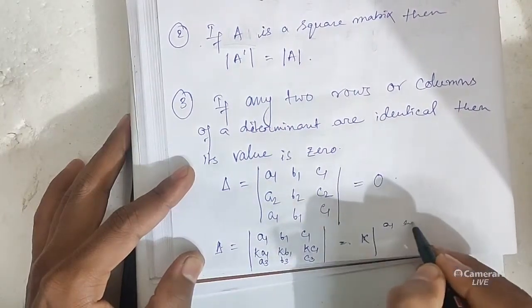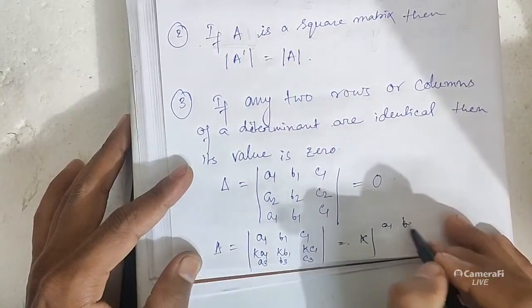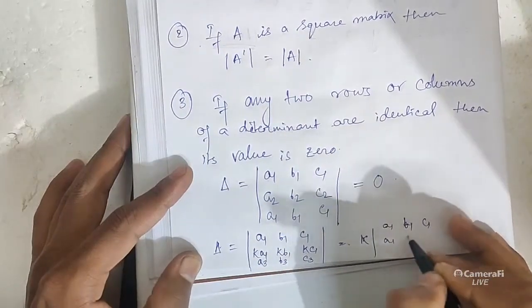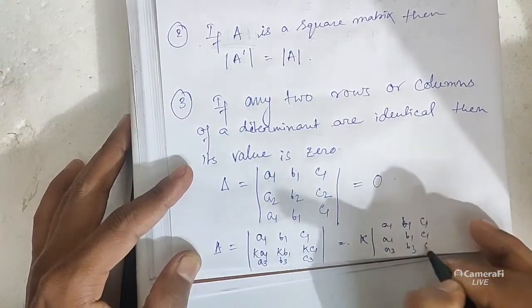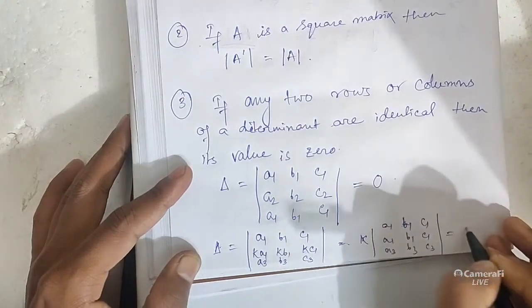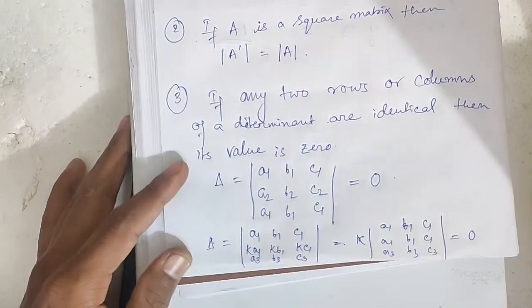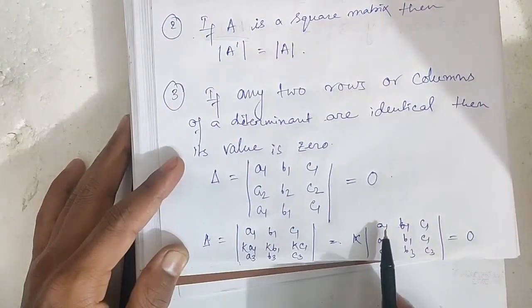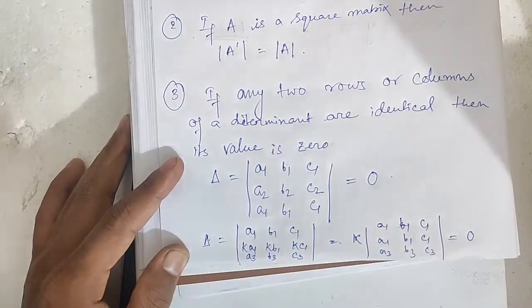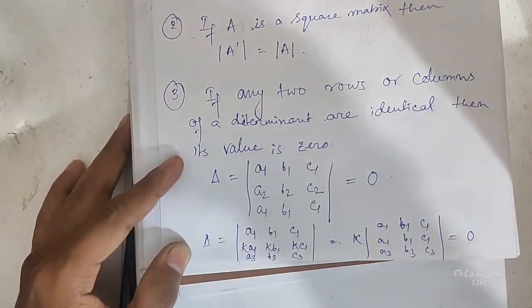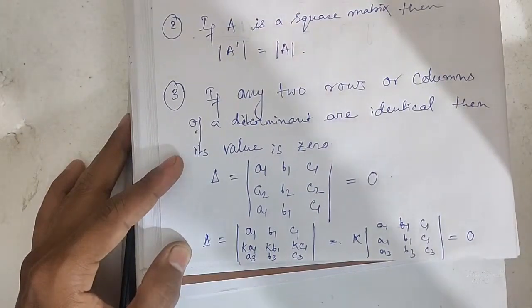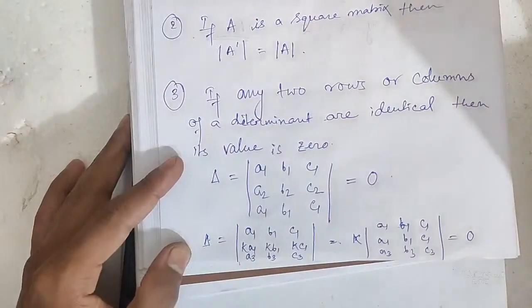And what is left? a1 b1 c1, a1 b1 c1, a3 b3 c3. Here also the value will be 0. Why? Because row 1 and row 2 are same, identical. That's why the value is 0. So if any two rows or columns of a determinant are identical, then its value is 0. This is the third property.